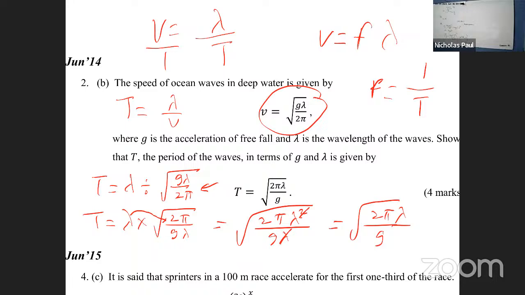This here is the square root of lambda, so if I bring it outside, it will be lambda over root lambda, and you'll get root lambda. If you bring the lambda inside the root, then it becomes lambda squared.